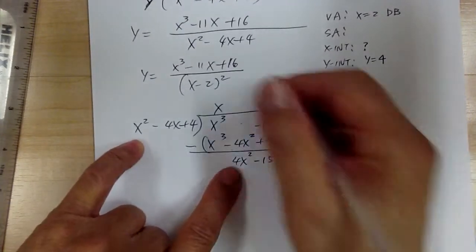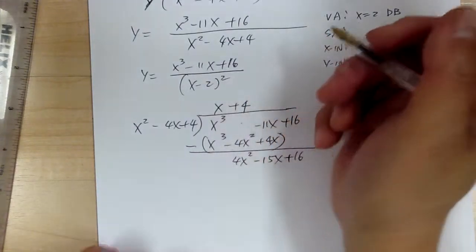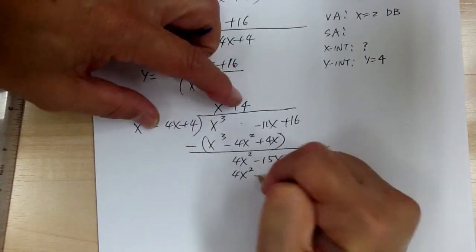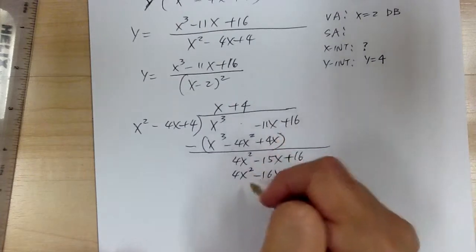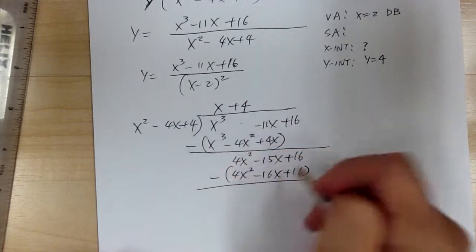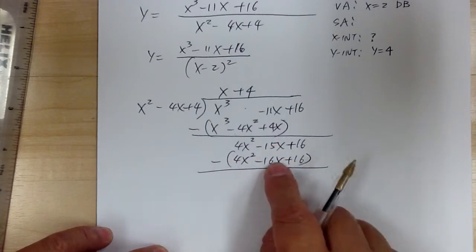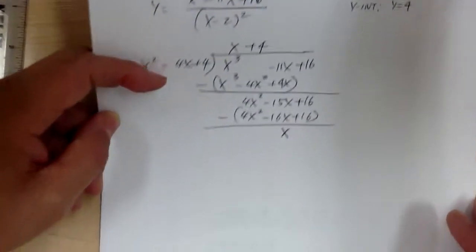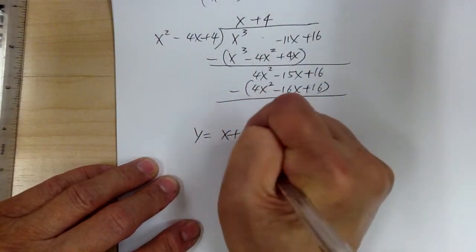Then from here you need to add 4. So you multiply, and then you put parentheses and subtract. This cancels out, this cancels out. Negative 15 minus negative becomes plus, so this becomes an x. So your equation becomes y equal to x plus 4.